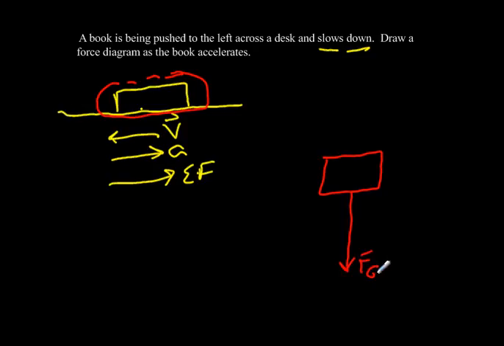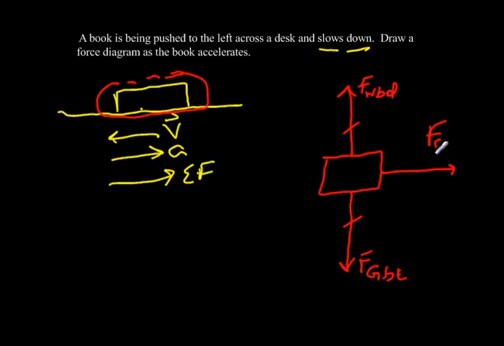Force of gravity on the book by the earth. Force normal on the book by the desk. These two are the same. Slows down. I do not have to explain why it's already moving. I simply need a net arrow in this direction.